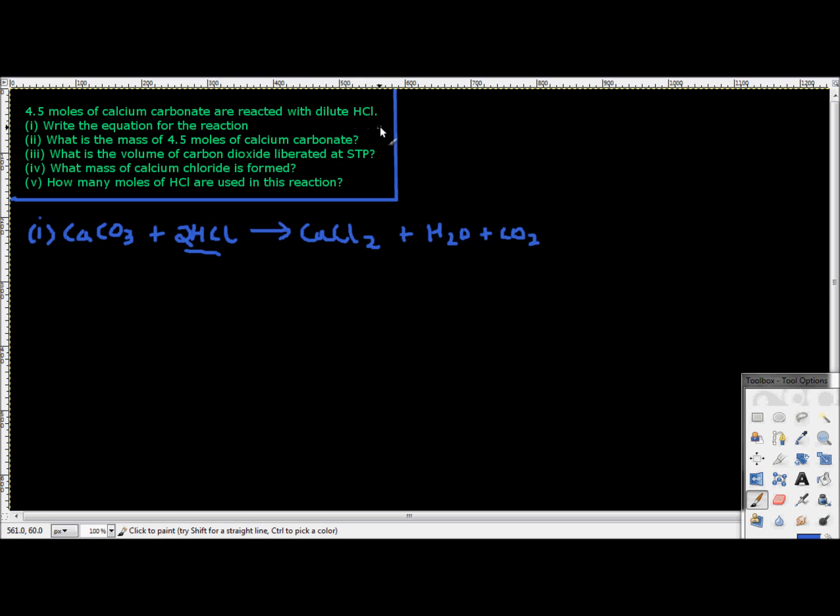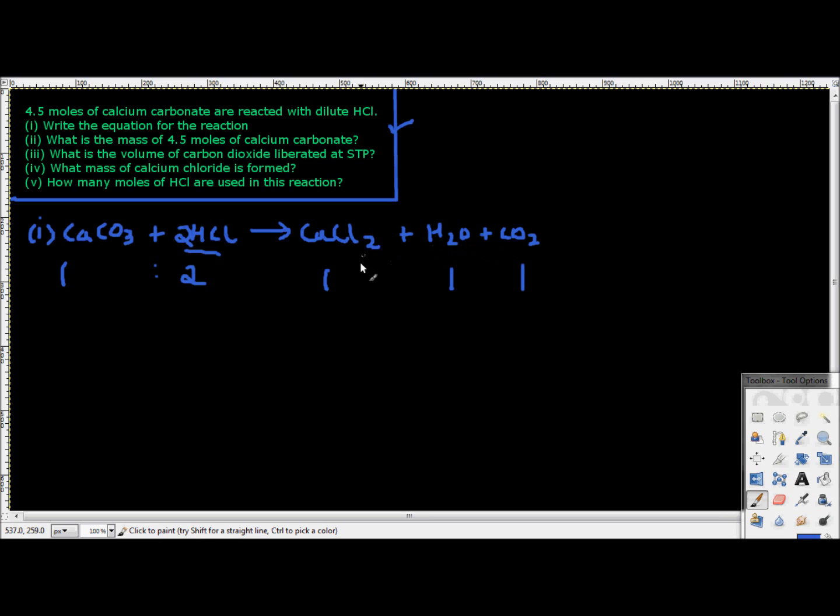Now what you need to know is that for now the ratio here is 1:2. Basically now if you put in 1 mole of CaCO3 and you put in 2 moles of HCl, it will form 1 mole over here of CaCl2, 1 mole of H2O, 1 mole of CO2.